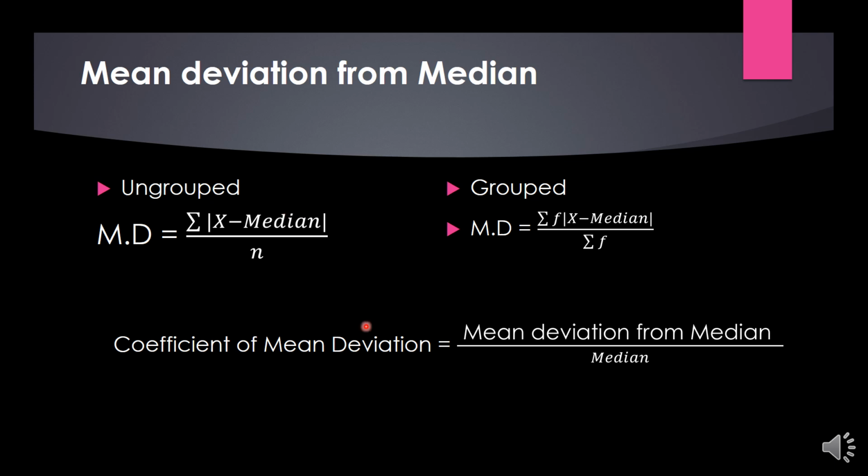So again, the coefficient of mean deviation from median, because here we are finding the coefficient of mean deviation from median, so that is why we are using the median term. In the previous video we used the mean deviation from mean because we used their mean, but here we are using the mean deviation from median divided by median because we are dealing with the median.